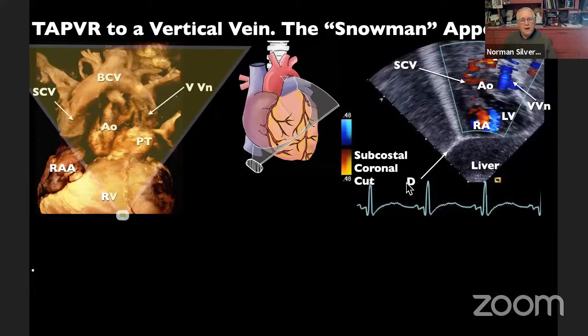Now we're looking at an important section which shows the position of the brachiocephalic vein, from the vertical vein into the brachiocephalic. And you see here behind that is the pulmonary trunk.